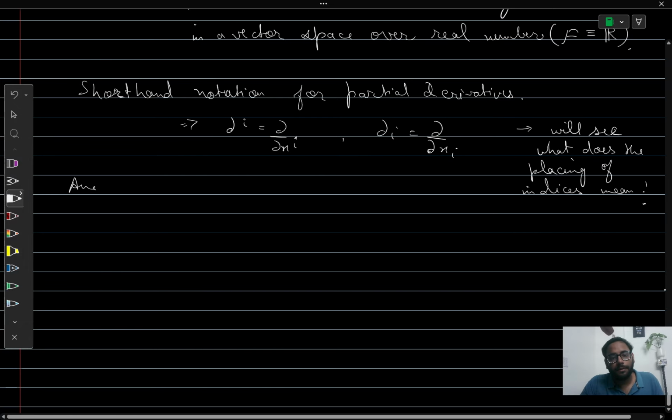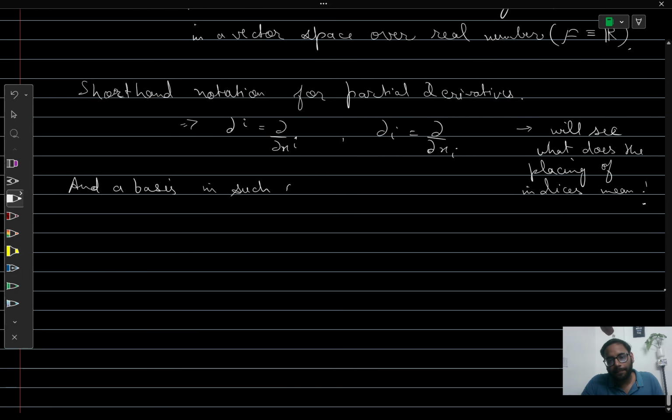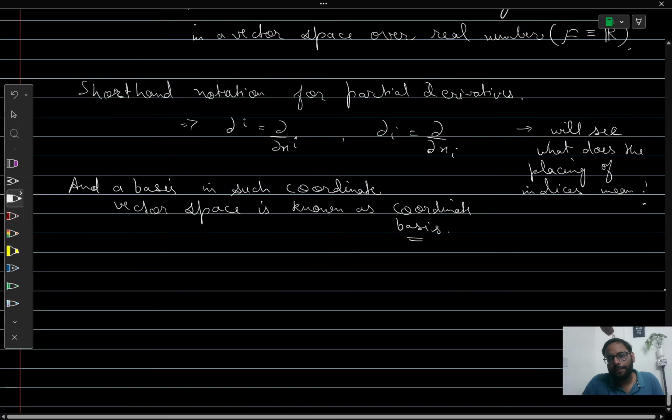And a basis in such a coordinate vector space is known as a coordinate basis. Okay, these are known as coordinate basis.